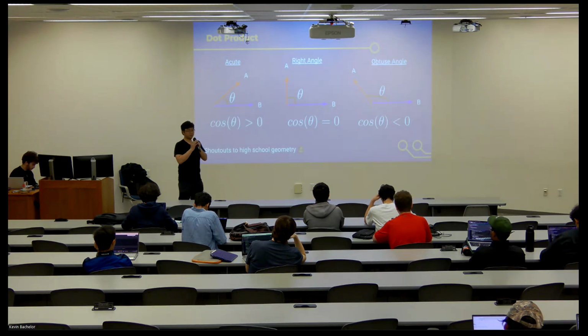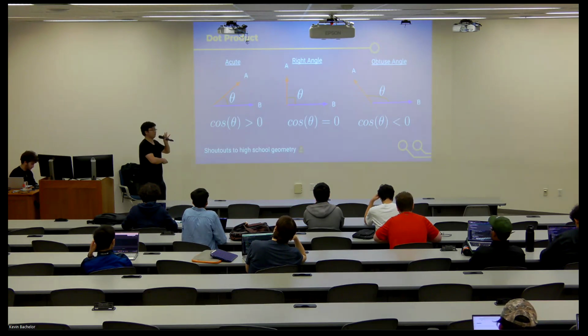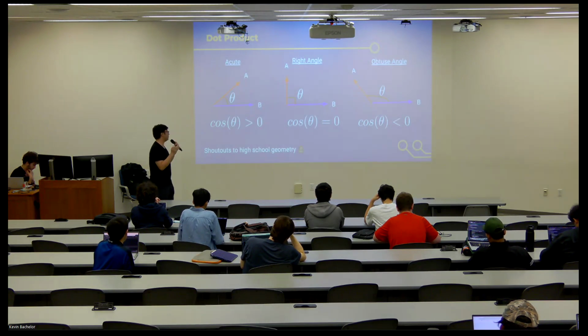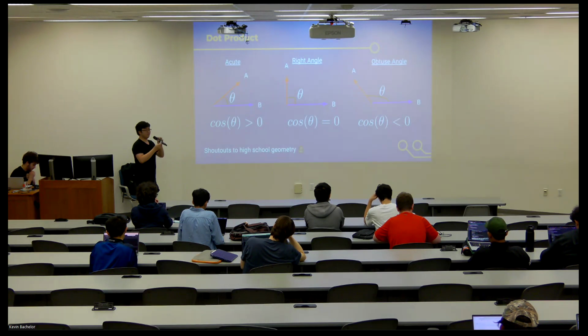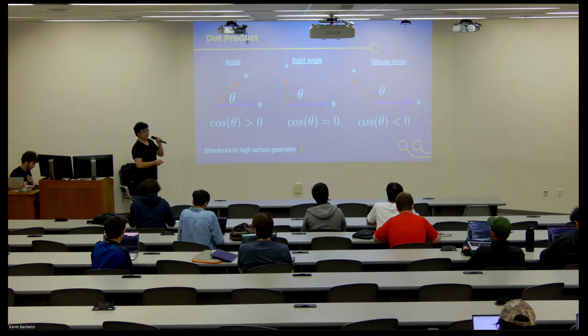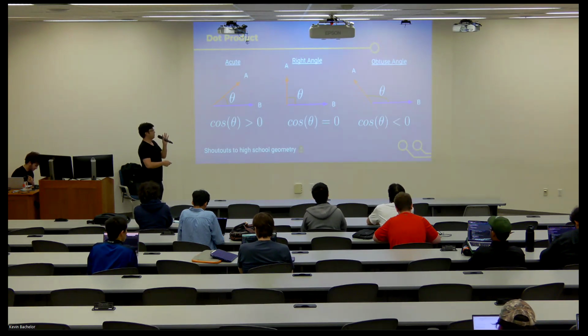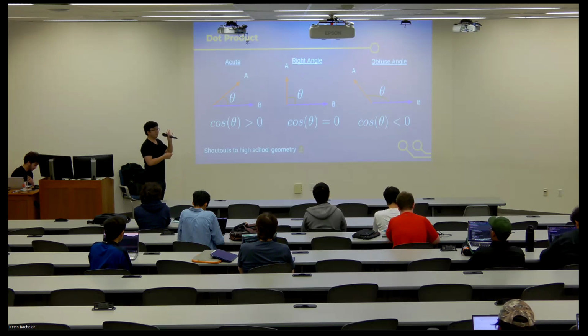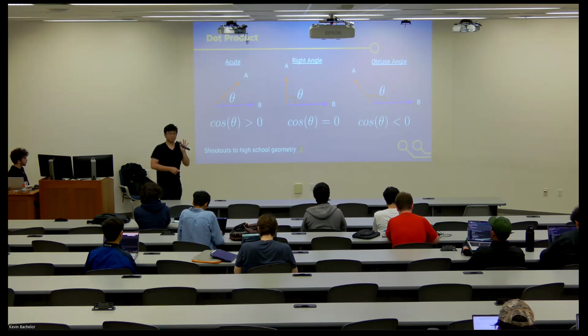And the intuition here is, shout outs to high school geometry, if you have an acute angle, that means theta is less than 90 degrees or pi over 2 radians, then the cosine theta is going to be greater than 0. It's going to be positive. If the angle is exactly 90 degrees, then your cosine theta is going to be 0. And if it's an obtuse angle greater than 90, your cosine theta is going to be less than 0, right?